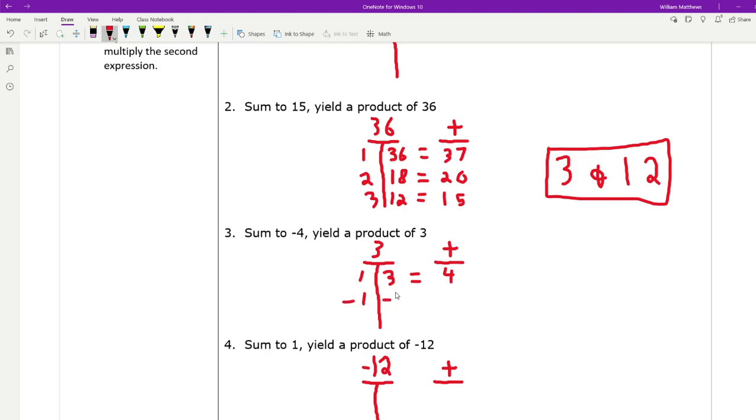Negative 1 times a negative 3, writing the wrong number here, will equal a positive 3. And when we add these together to find the sum, it becomes a negative 4. So in this case, my two values are negative 1 and negative 3.